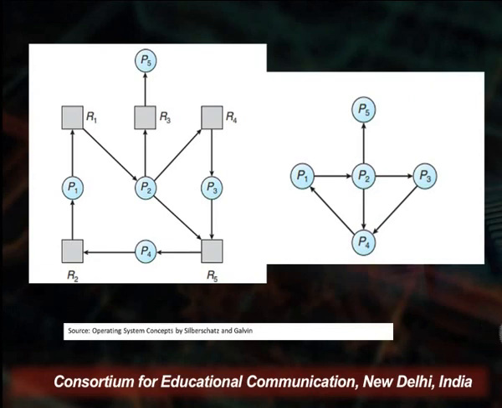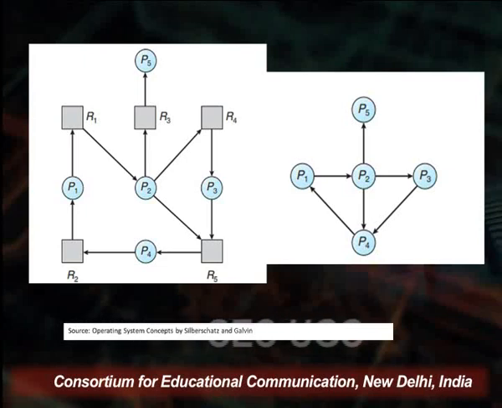Let us take one more example. In the lower triangle of the resource allocation graph, we have an edge from P2 to R3 and then from R3 to P4.